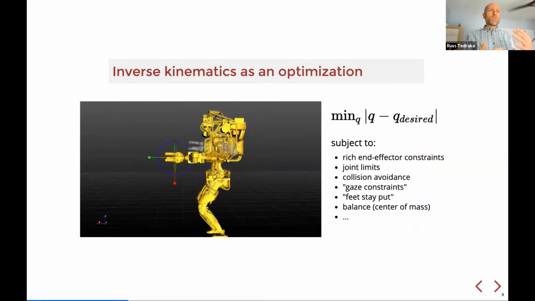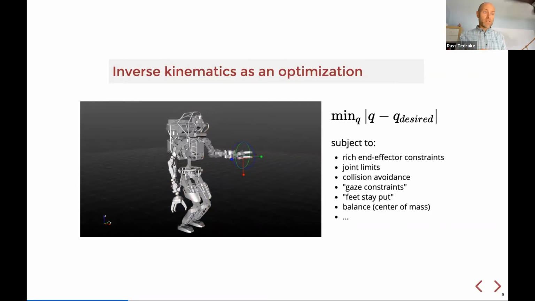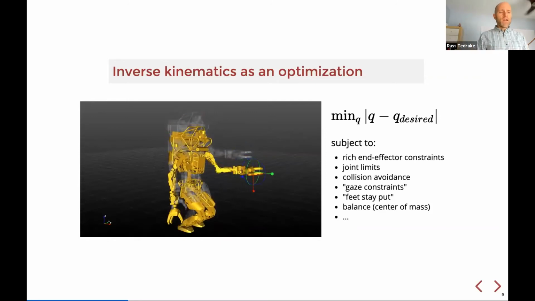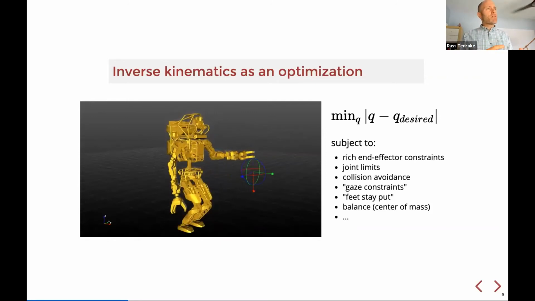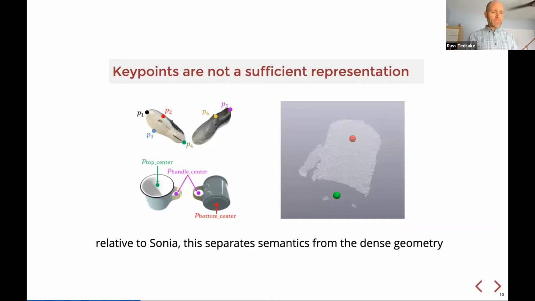There's this rich library of geometric constraints that you can put together. If you're walking, you want to make sure that your feet stay underneath your center of mass and things like that. But as soon as we started thinking about key points, we realized they could fit right into the basic inverse kinematics formulations we'd been working with.